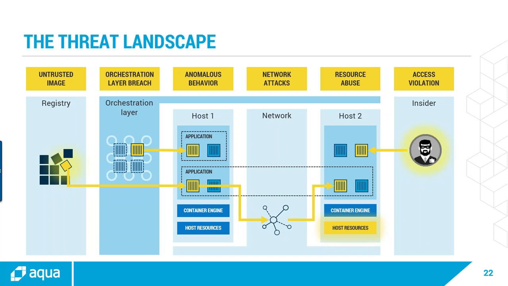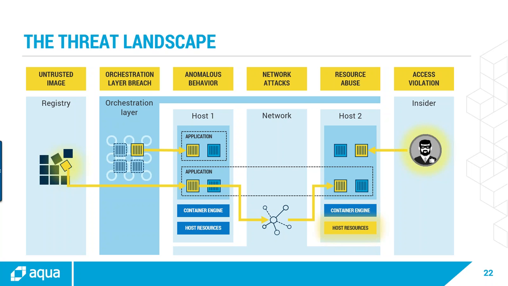So this is a somewhat different view on the stuff that Randy presented before. I'll go over it briefly because I want to get to the solution part as well. If we're looking at a threat landscape, and these are not necessarily real threats or attacks that already happened, we don't hear much about attacks on containers because it's all so new. And of course, with a lack of visibility, it's sometimes very hard to even know that they happened.